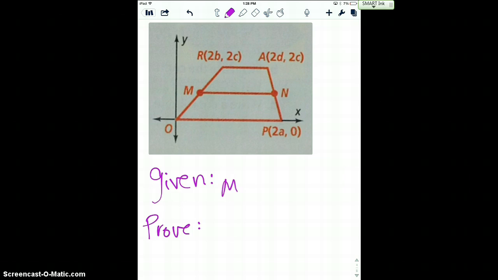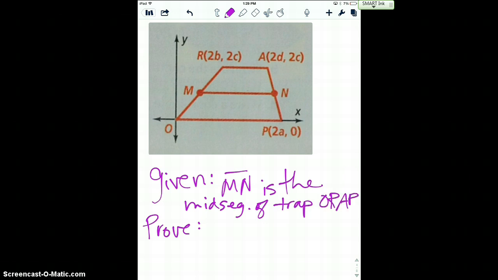Given MN is the mid-segment of the trapezoid ORAP. And we are trying to prove that MN is parallel to OP. We're also trying to prove that MN is parallel to RA.